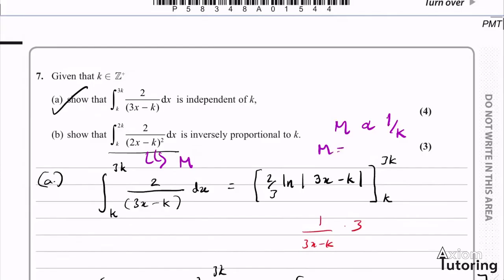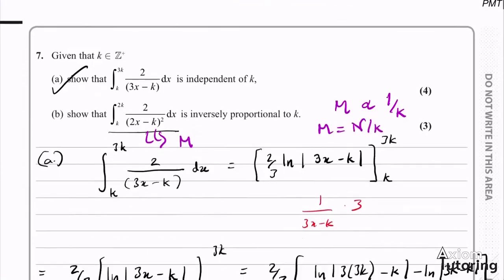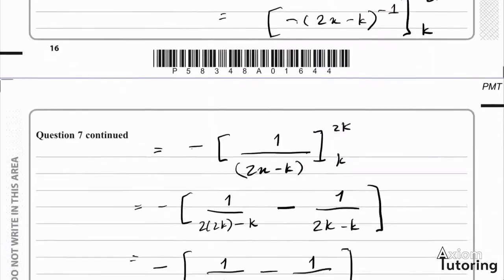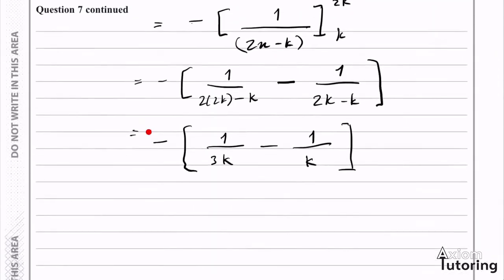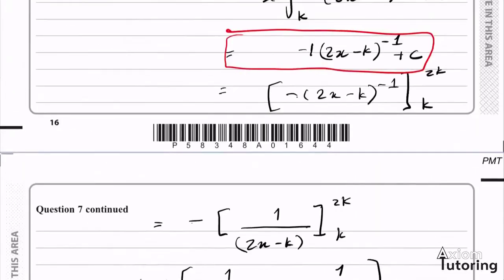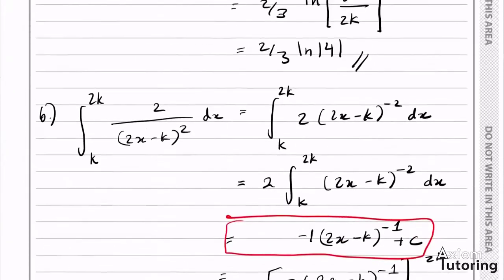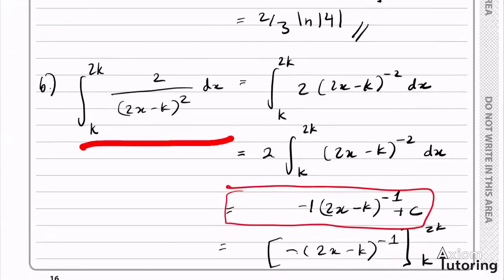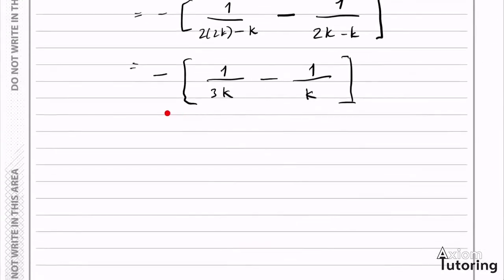So m will be some constant n over k, right? So we can see that the result of this integral up here ends up being this. And we can clearly see that we can pull out 1 over k.